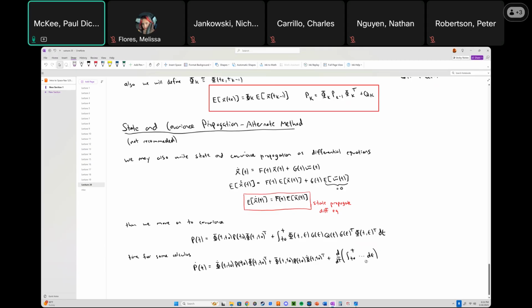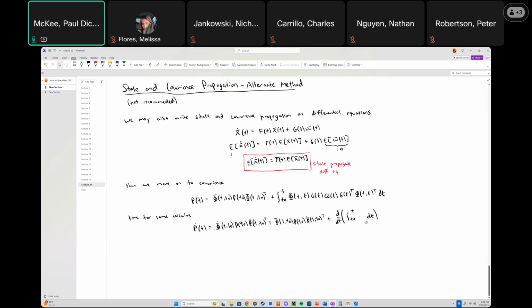So how do we take the derivative of the integral term? Well, remember Leibniz's rule. Remember, when Isaac Newton was inventing calculus, Leibniz was also inventing calculus around the same time.